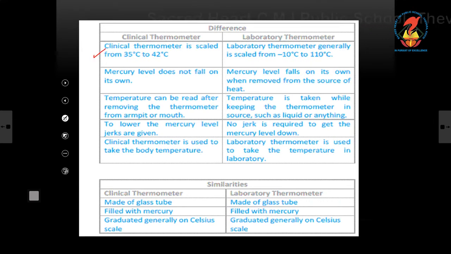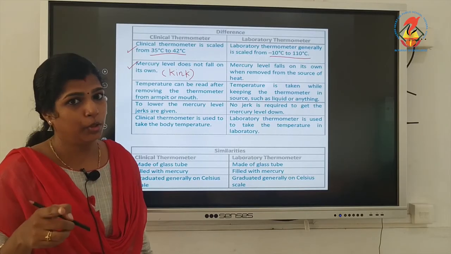The clinical thermometer is scaled from 35 to 42 degrees Celsius. This one is scaled from -10 to 110 degrees Celsius. Then, the mercury level does not fall on its own due to the presence of the kink. Due to the presence of the kink, the mercury will not fall on its own in a clinical thermometer.